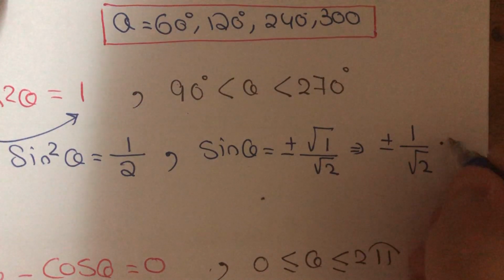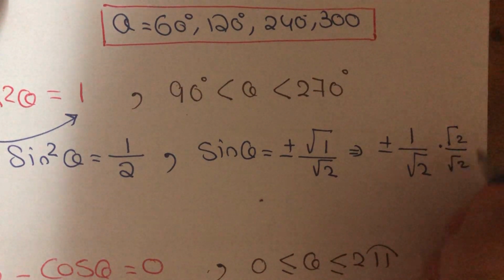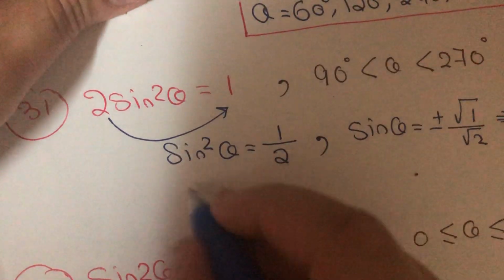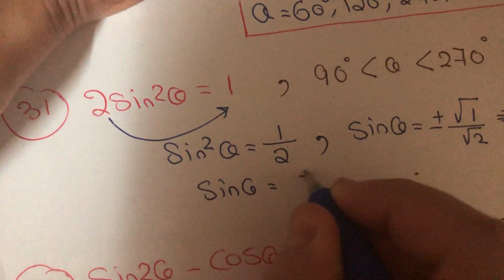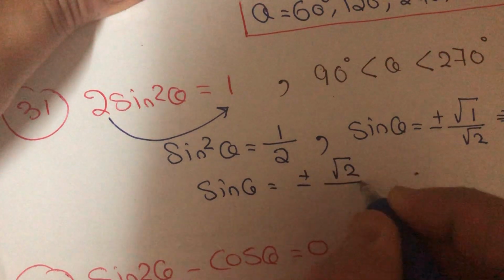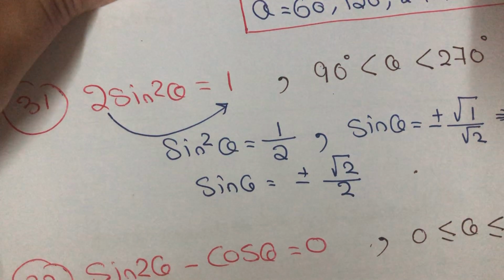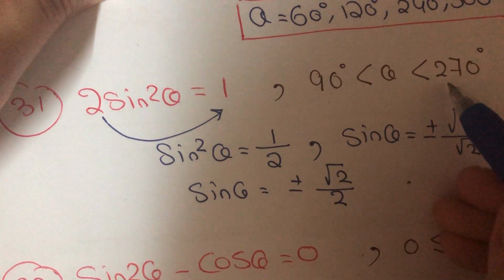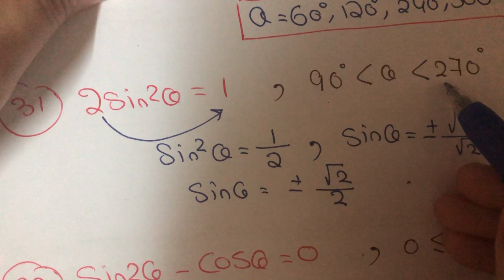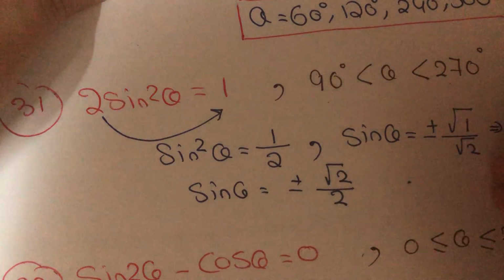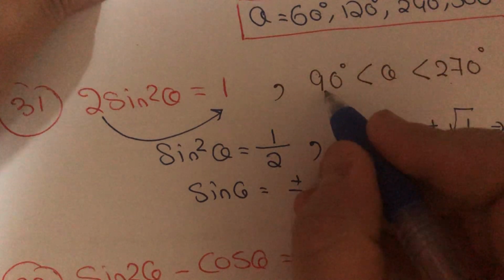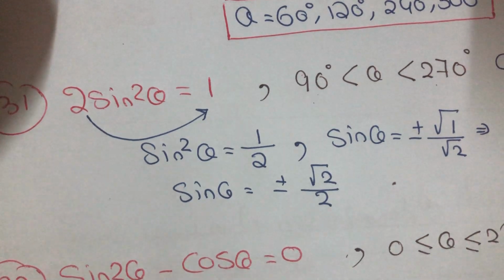If you multiply by root of 2 over root of 2 to rationalize the denominator, you will end up with sine theta equal to plus or minus root of 2 over 2. They said from 90 to 270, which is quadrants 2 and 3 only, and they don't want you to include 90 or 270 in the answers.